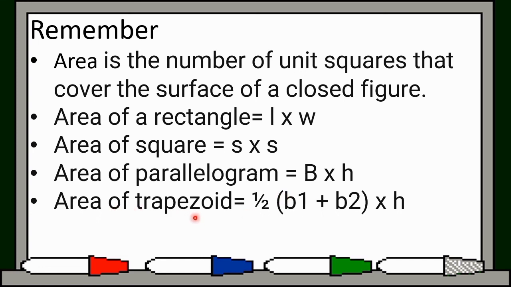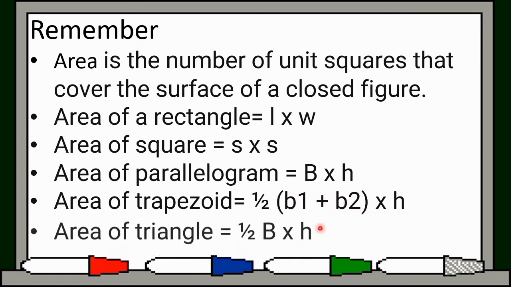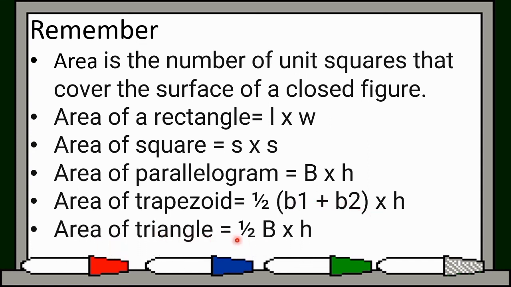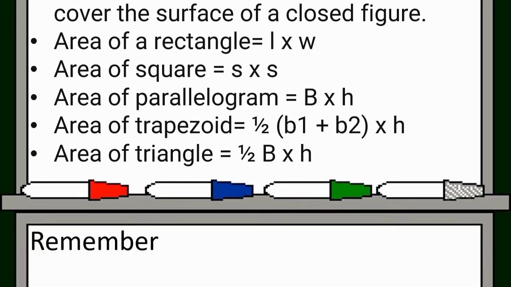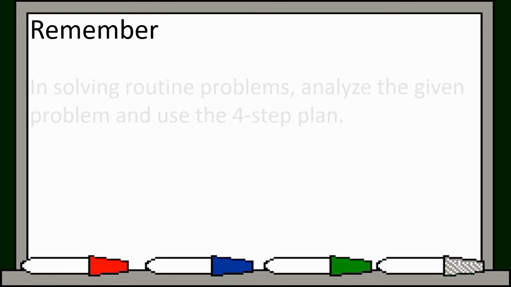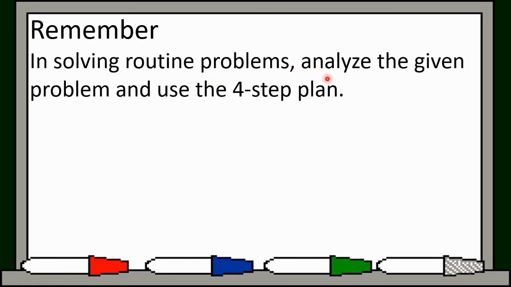Area of trapezoid is equals to 1/2 (base 1 plus base 2) times height. And the area of triangle is equals to 1/2 base times height. And in solving routine problems, analyze the given problem and use the 4-step plan.